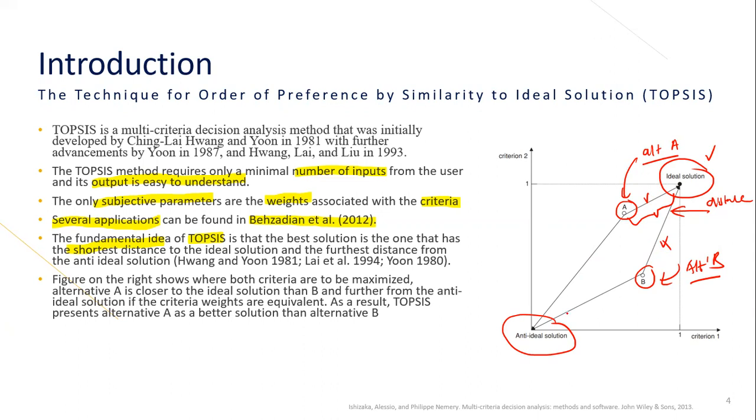In other words, A is farther from the anti-ideal solution compared to B. So in this case, using the TOPSIS approach, you will select A as the decision that you are going to make. Okay, so that's the basic of TOPSIS. However, behind that, of course, there is a more detailed explanation and a more detailed calculation.